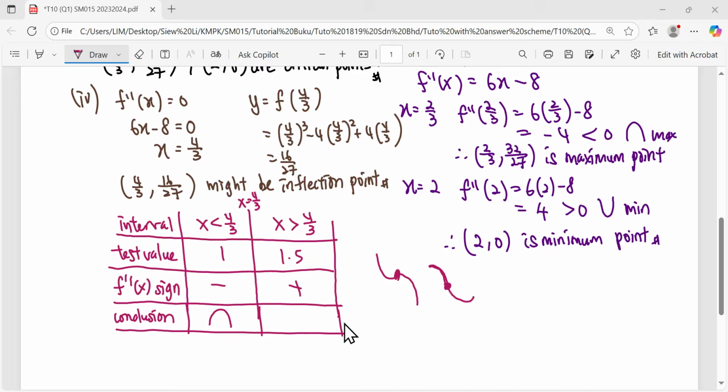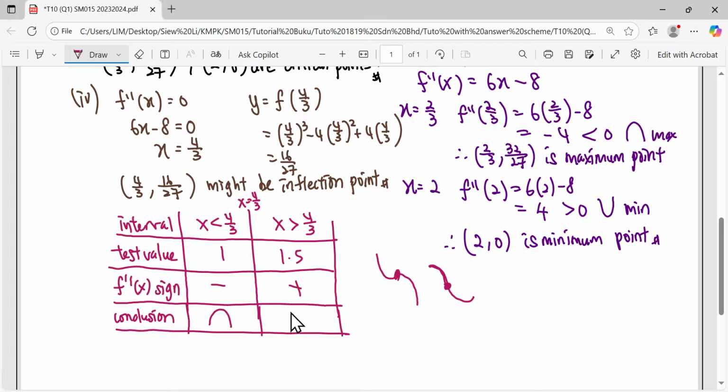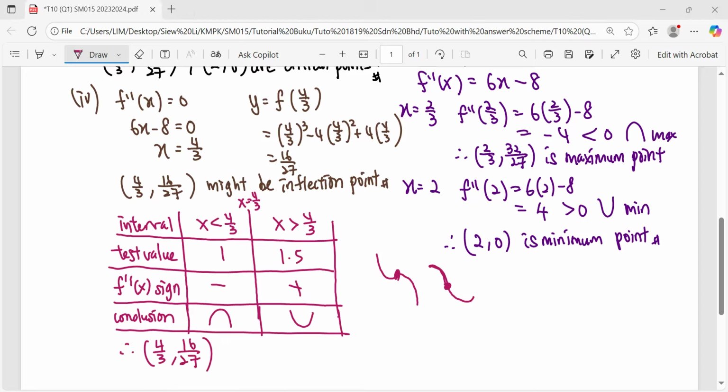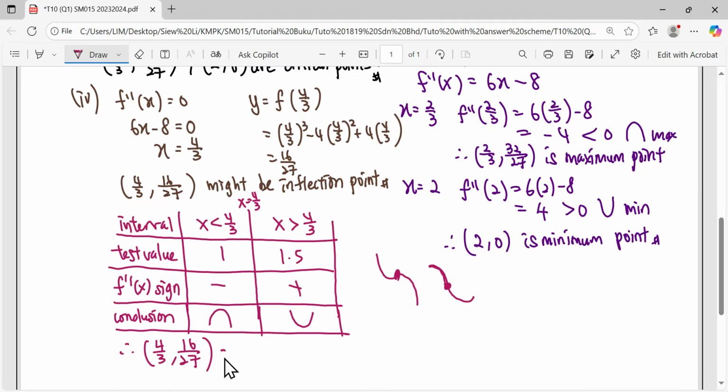You can press your calculator, 6 times 1.5 minus 8. Yes, you get positive 1. So positive means concave upward. So you see it has a change: it is concave downward, then after passing through your point, concave upward. So now we can definitely do the conclusion. 4 over 3, 16 over 27 is an inflection point.